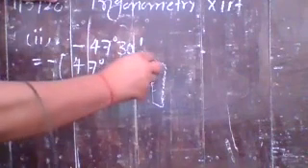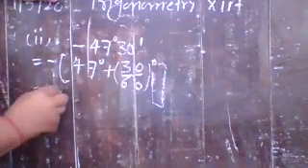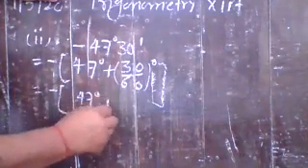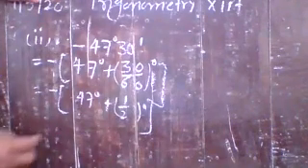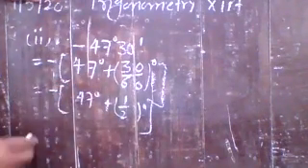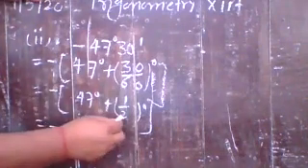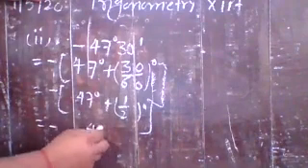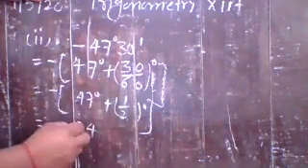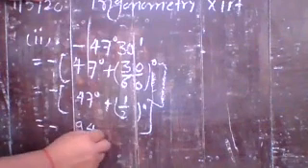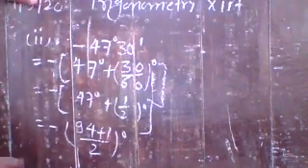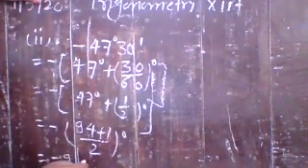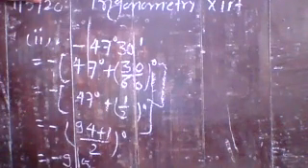So simplify: that is minus 47 degree plus 1 by 2 degree, which is minus 47.5 degree. You write it in this way, and it is also equal to minus 95 by 2 degree, and you have to convert it into radian, so multiply it by pi upon 180.